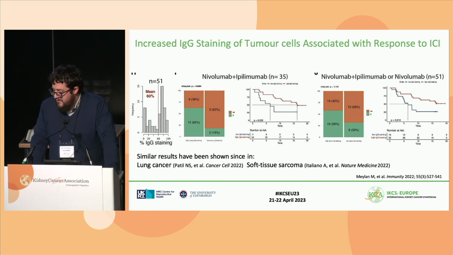We saw that in the tumors that had a stronger IgG staining of the tumor cells, we also had a much stronger response rate to nivolumab and ipilimumab, or nivolumab alone. So we have a stronger response rate to immune checkpoint inhibitors in those tumors that have a stronger presence of plasma cells. Interestingly, this is not restricted to kidney cancer, since similar results have been shown in lung cancer and soft tissue sarcoma.